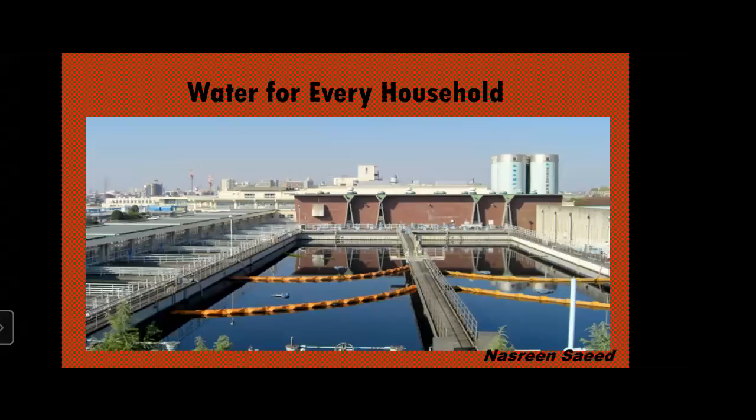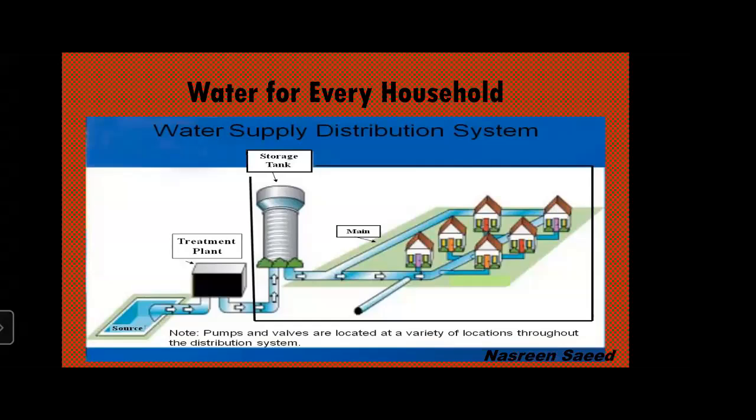Now, again, I'll explain to you the water supply distribution system. This is a source. Source, I told you, lakes, rivers, or reservoirs, which supply us water. So a large source is identified. From there, water is taken to a treatment plant. Treatment plant is a purification plant, which purifies the water.